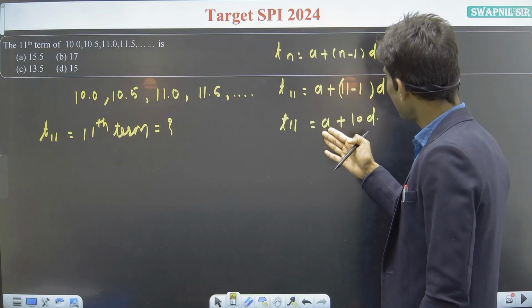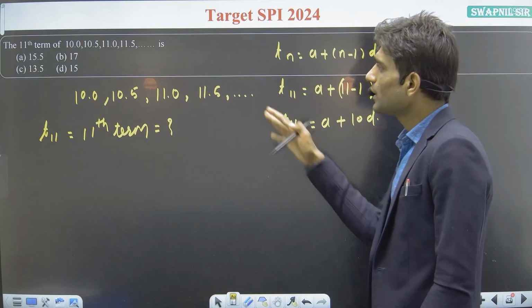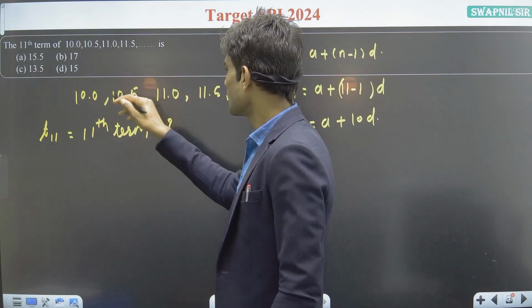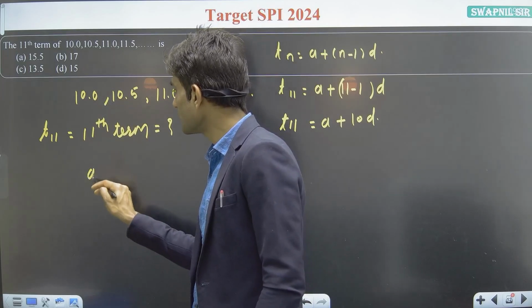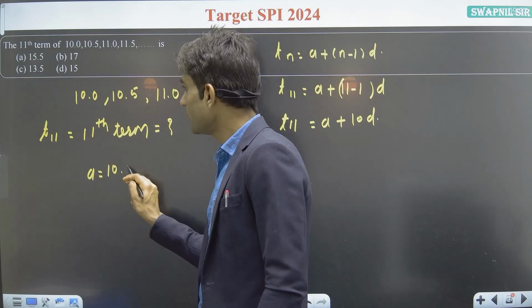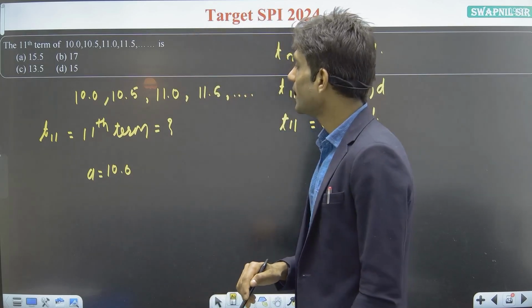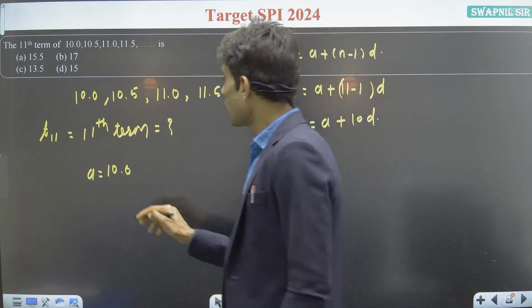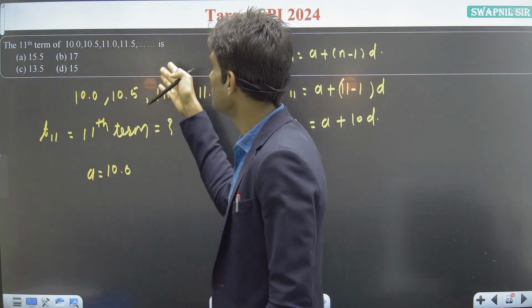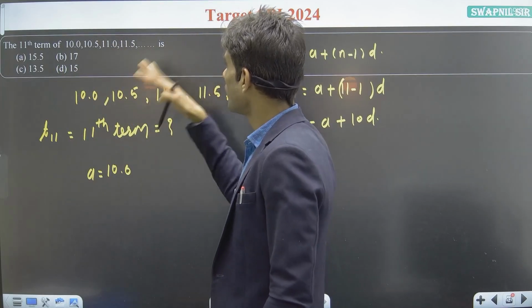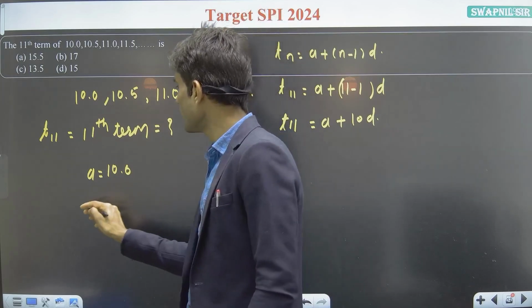Now find the values of a and d using our given sequence. In our given sequence, a is equal to 10.0. For the common difference d, you subtract the first term from the second, second from third, third from fourth. This way you get the common difference.